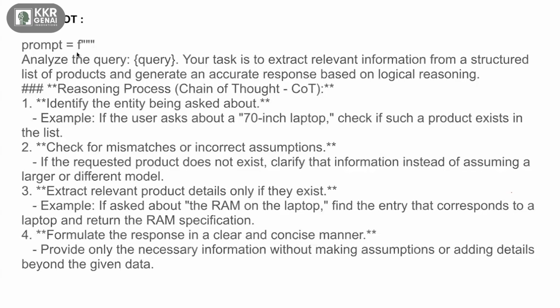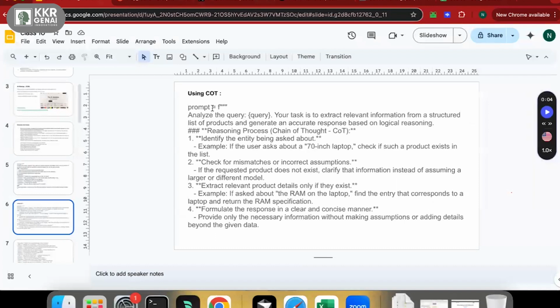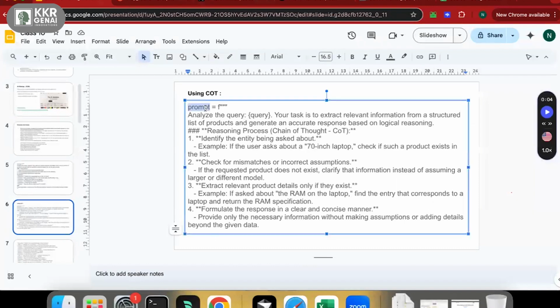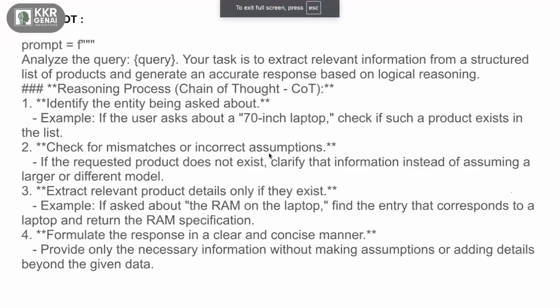You need to give triple quotes, but F is not mandatory. Triple quotes make a multi-line string, where I'm declaring a prompt in Python. A prompt is just a string, but it is a multi-line string. In this multi-line string, I'm having all the inner components, the substrings.